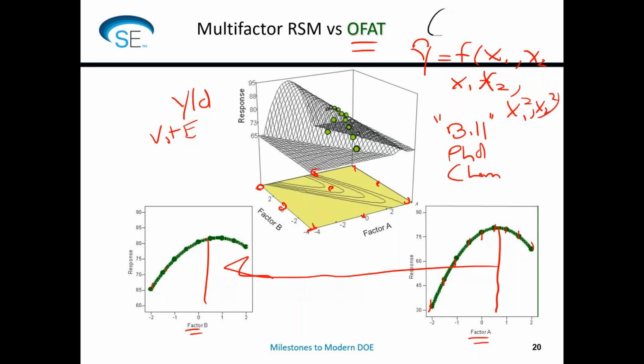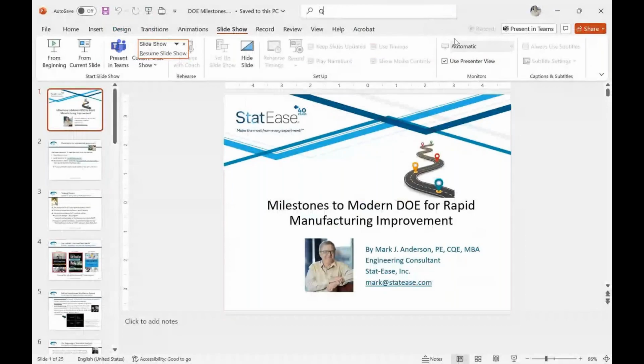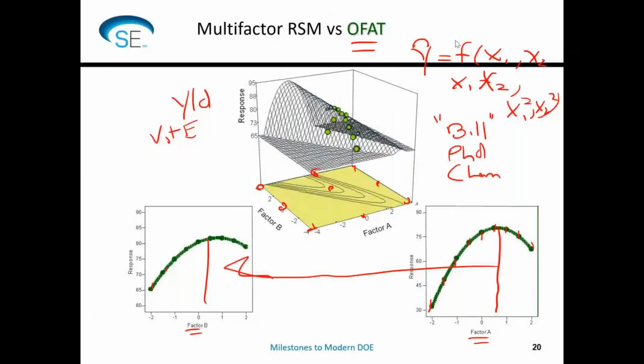And this is known as a quadratic equation. And so with that experiment, I was able to see that there was a rising ridge, and I ended up getting much better yield than Bill got cutting across this surface. That difference in yield was worth $2 million a year. So that was a really great success, and it just shows you the multi-factor approach being so powerful.